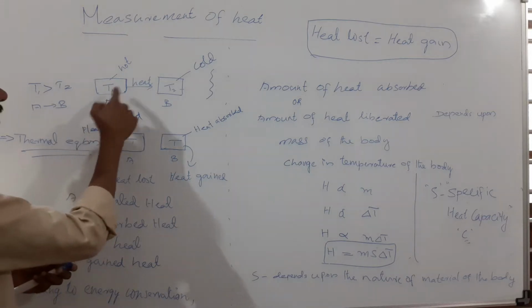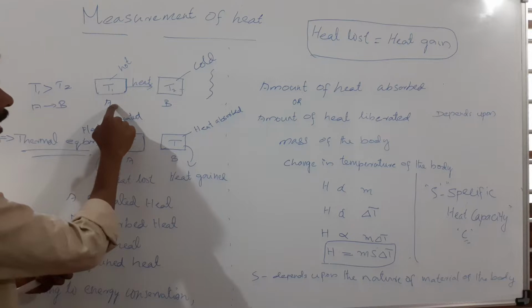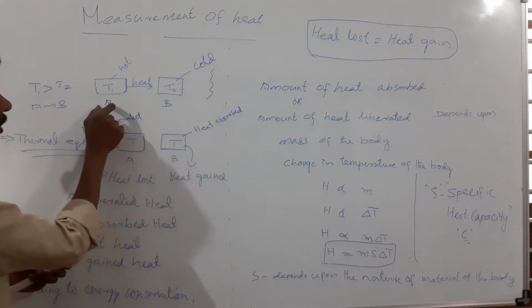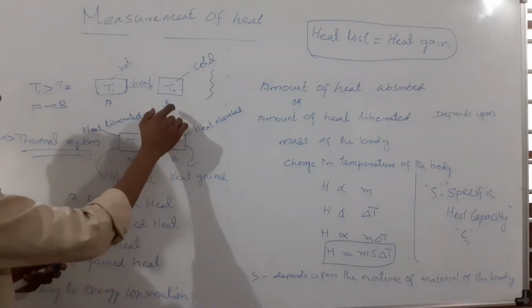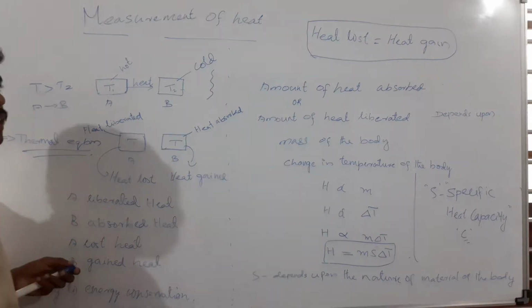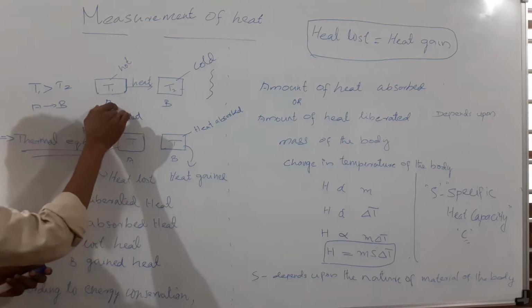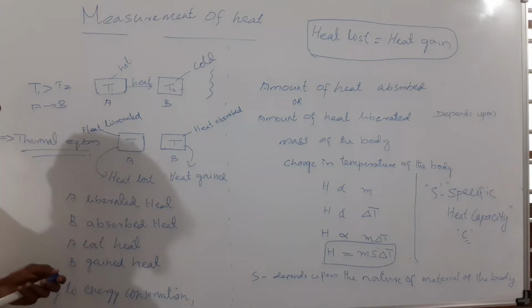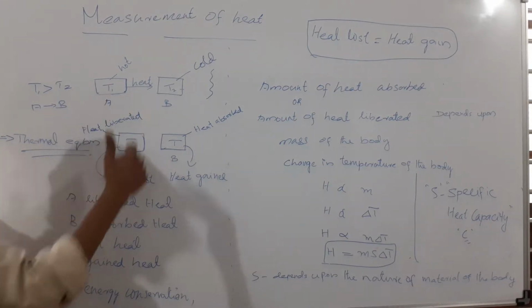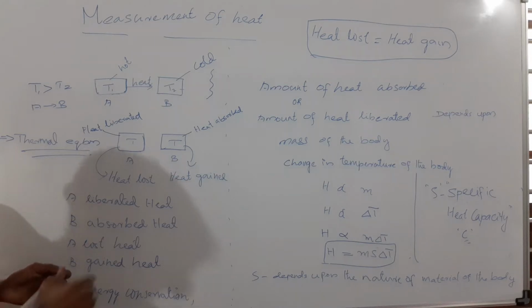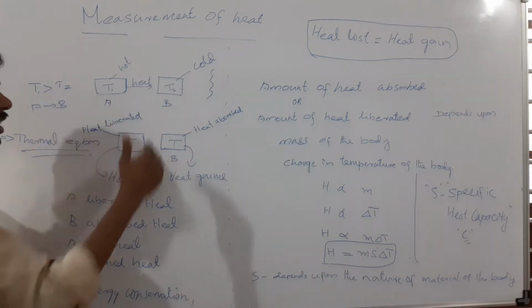When heat is flowing from A to B, A will be losing the heat and B will be gaining the heat. After a certain time, what will happen? A is losing the heat and B is gaining the heat.